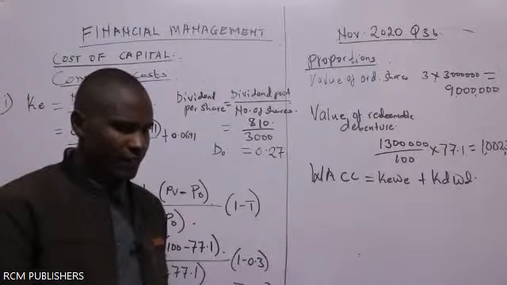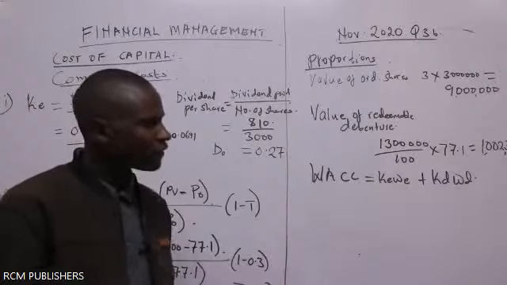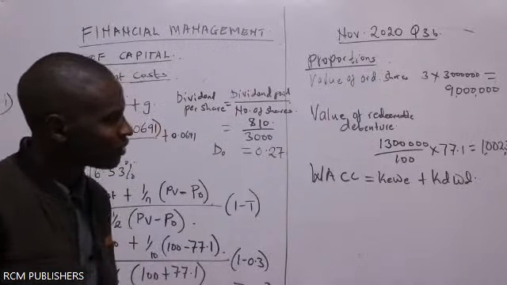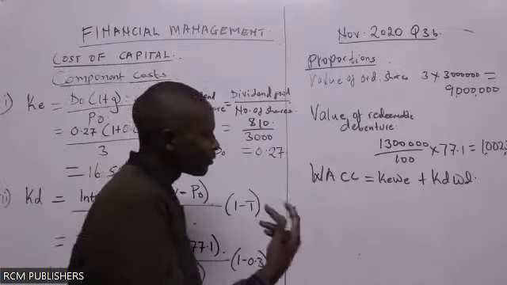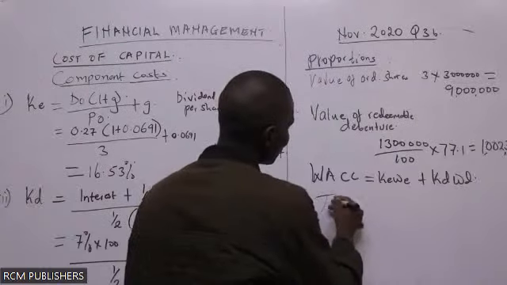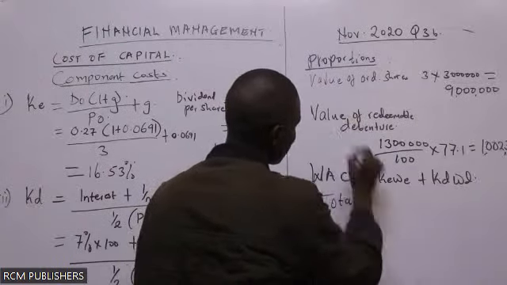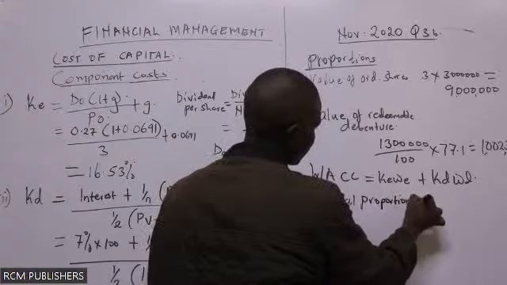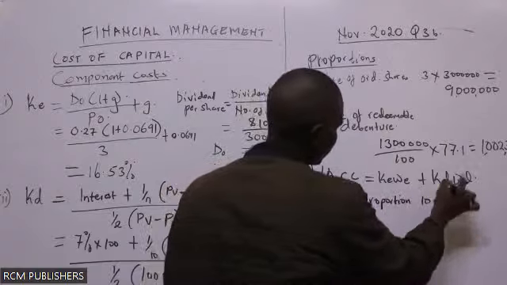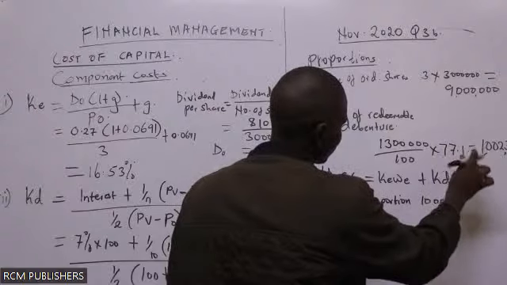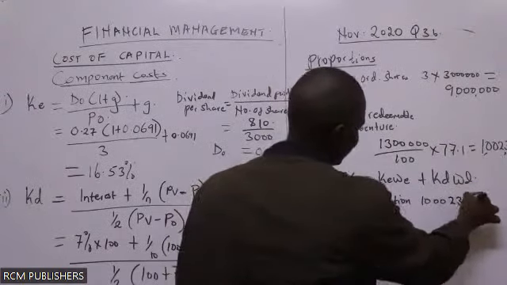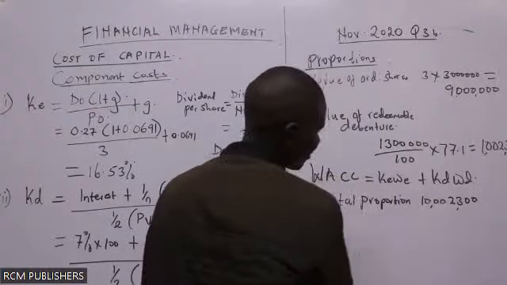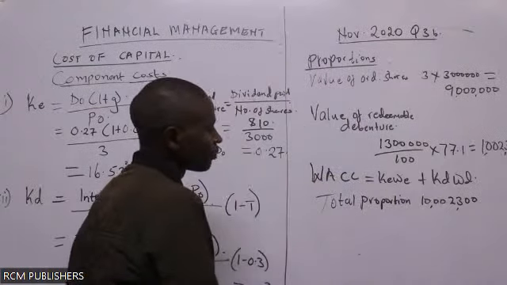We are getting 10,023,00, so the total proportion is 10,023,00. I hope that is correct. That is correct.